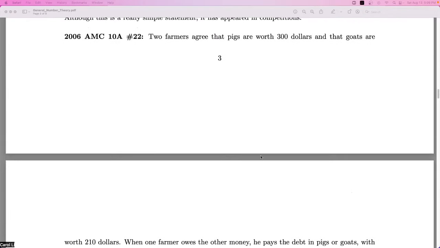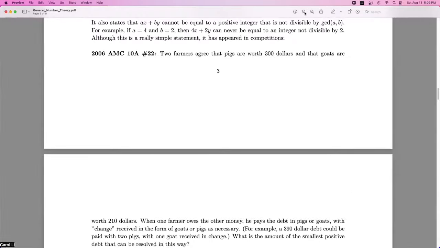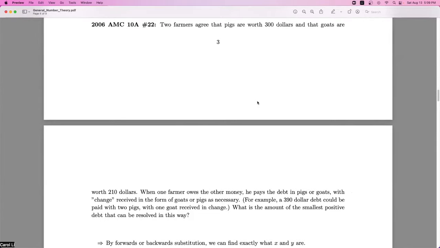Oh no, I will shrink it. Do you guys want to solve this? The wording is kind of confusing, so it might take a while to get over the confusion.